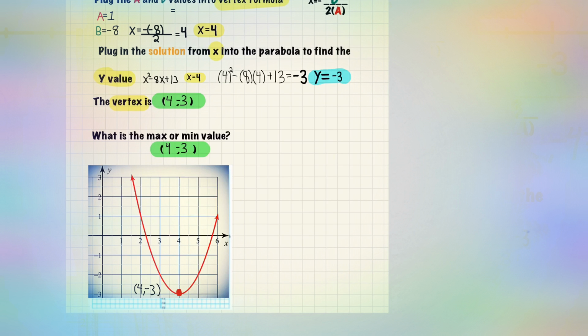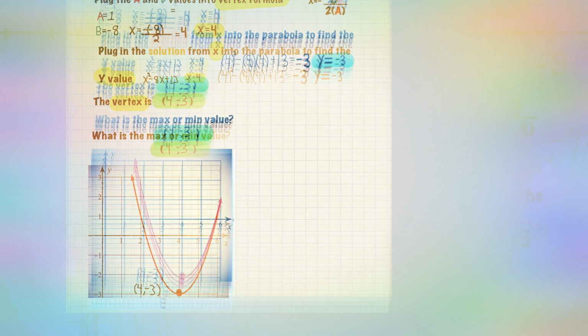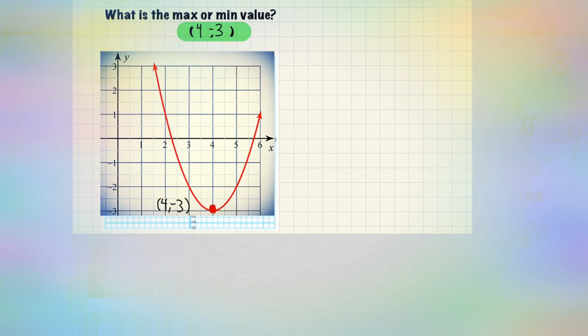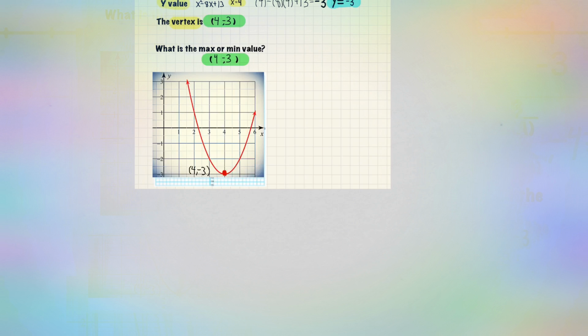So we have the vertex with x being 4 and y is negative 3. So again, this is where your vertex is at. And if they were to ask what is the max or min, it would be (4, negative 3). And this is also the axis of symmetry, the imaginary line that splits the graph.